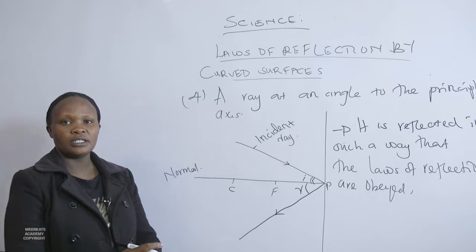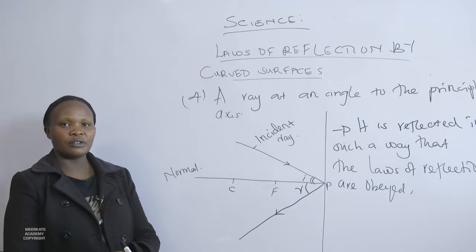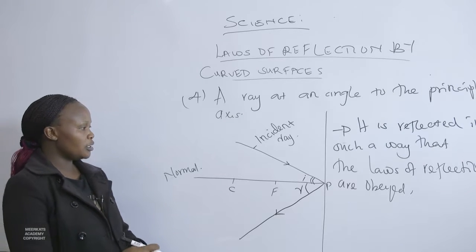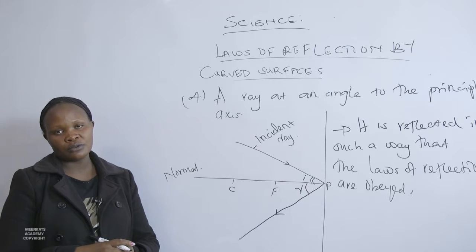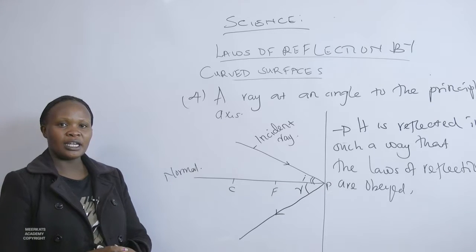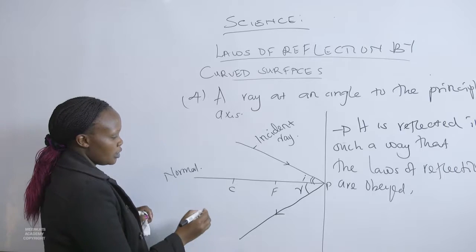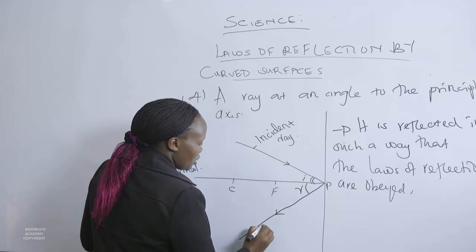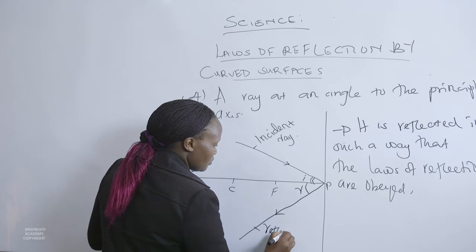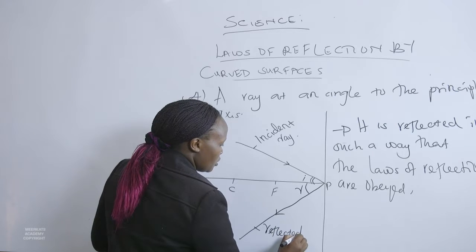It is reflected in such a way that the laws of reflection are obeyed. Need I remind you about the laws of reflection? We said that the three rays, let us take this one to be the reflected ray.